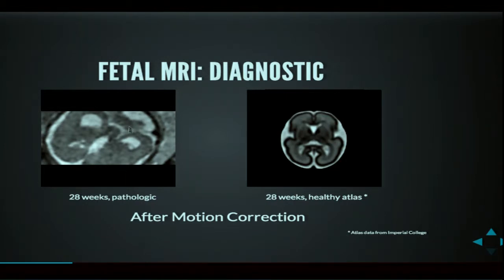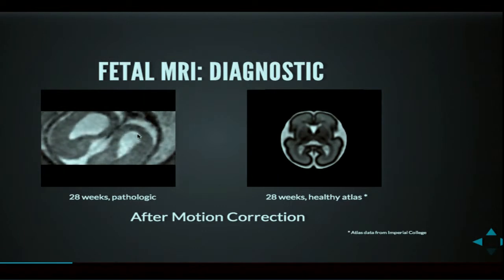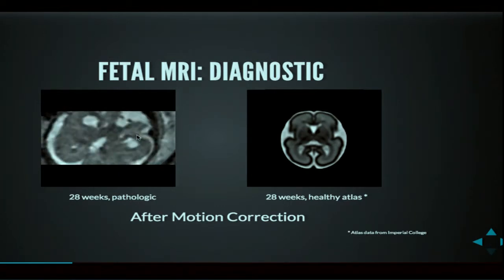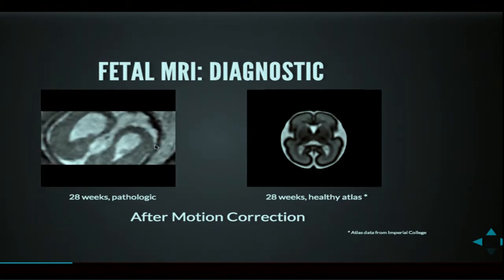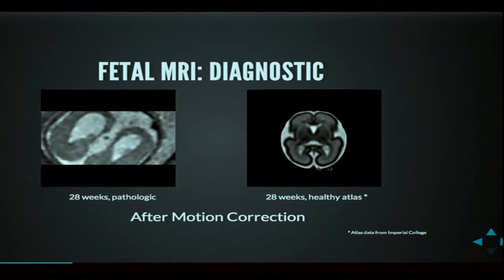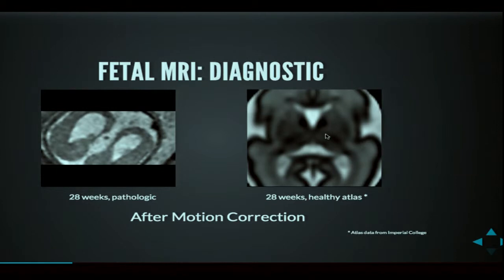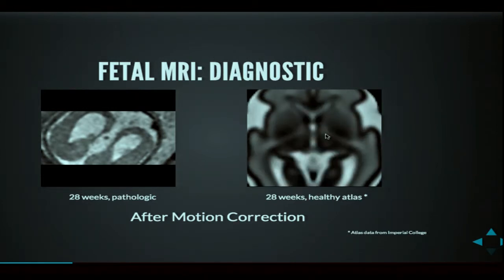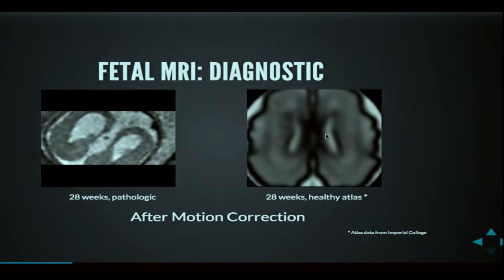On the left side here, it's a 28 weeks fetus scanned by us, and yeah, you see the images are all right now for diagnostics, and on the right side, I have the Atlas data from Imperial College, which was built using 50 fetuses of the age of 28 weeks. And yeah, so our physicians use web-based software to compare the scans to this Atlas data.